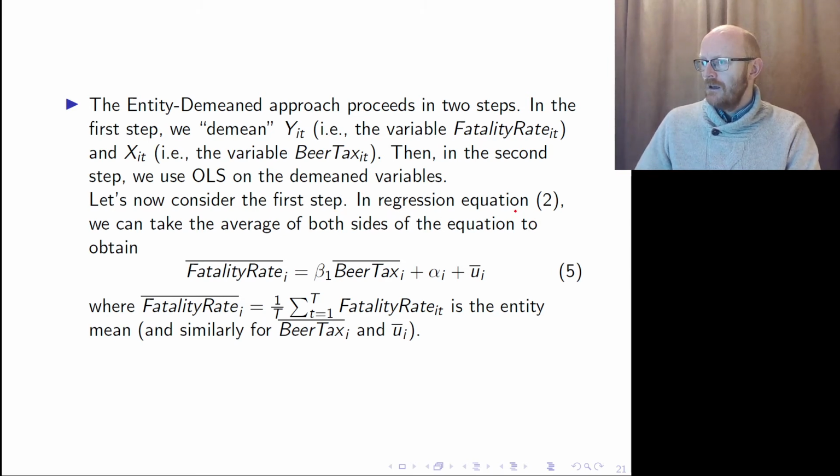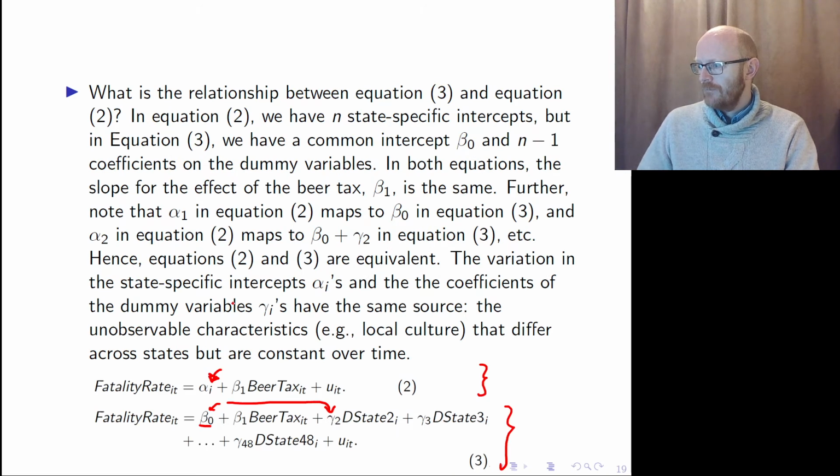Okay. So we have this equation 2, with the fatality rate equal to the entity-dependent intercept plus beta 1 times Beer tax plus the residual.